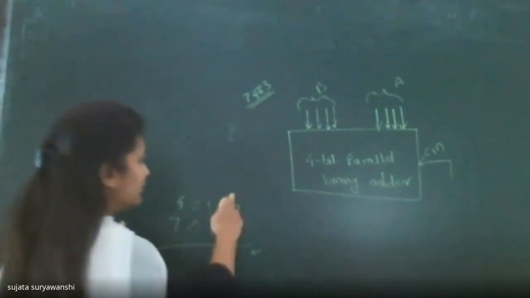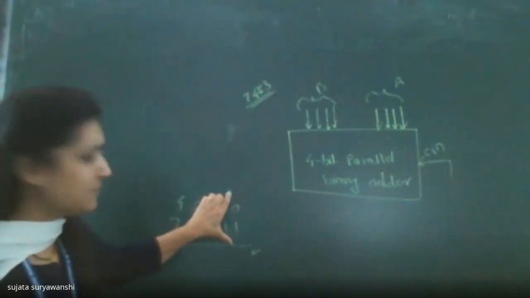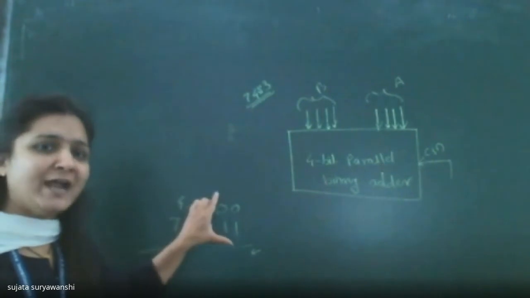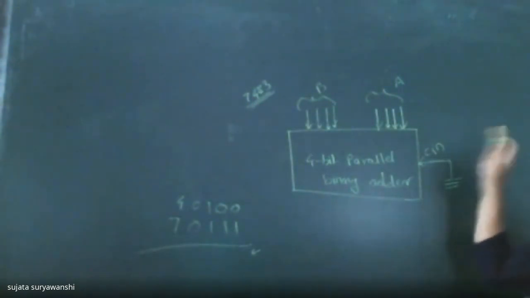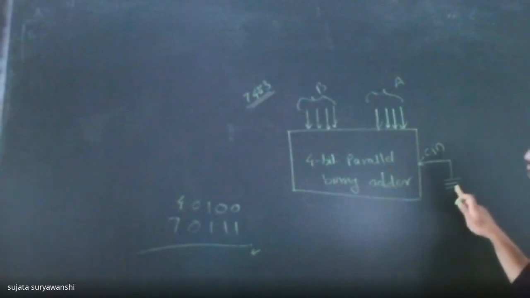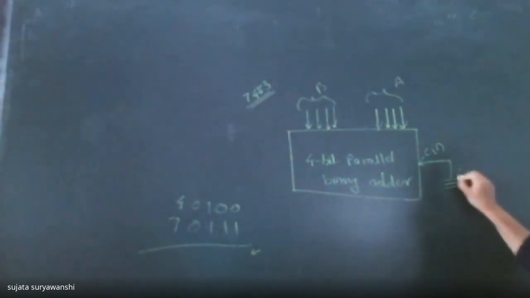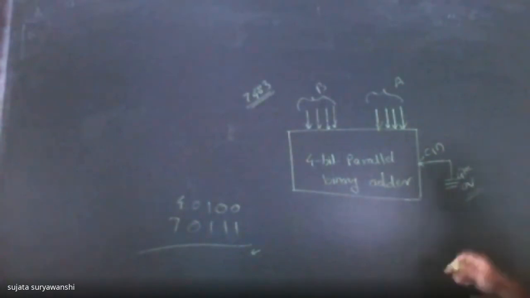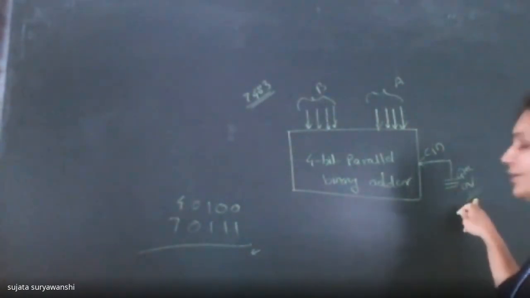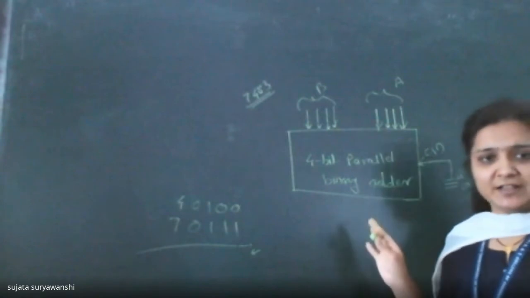So here Cin is always 0. If Cin is not given, then the LSB full adder takes the input Cin as 0. For that purpose, this IC has one input Cin, and always remember that Cin should be connected to ground. Ground means 0 volt. Wherever 0 volt is there, you have to just connect it there. Okay.